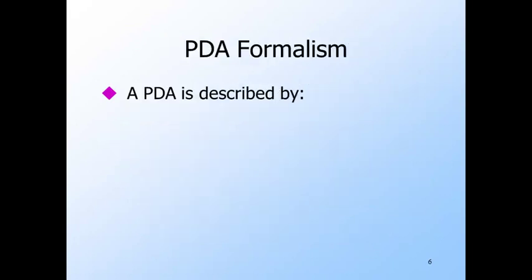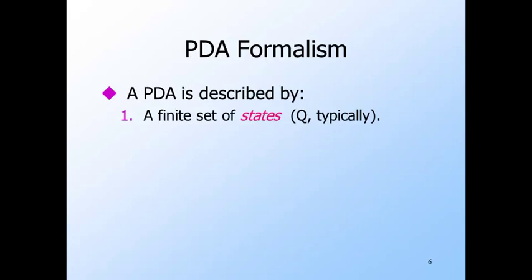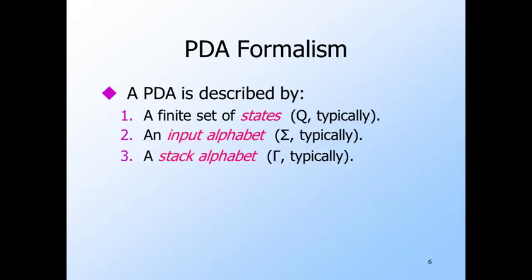Now we'll give the formal notation and usual symbols for the components of a PDA. There is a finite set of states for which we tend to use Q, just as for finite automata. There is a finite input alphabet for which we'll continue to use sigma. There's a finite stack alphabet, the symbols that can appear on the stack. For this alphabet, we use gamma.